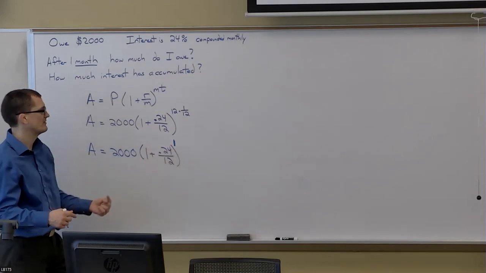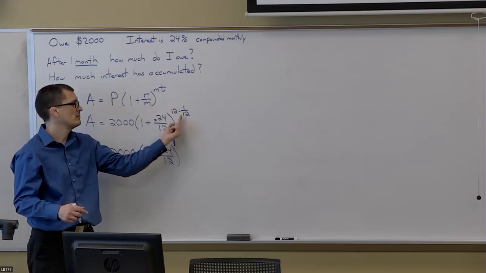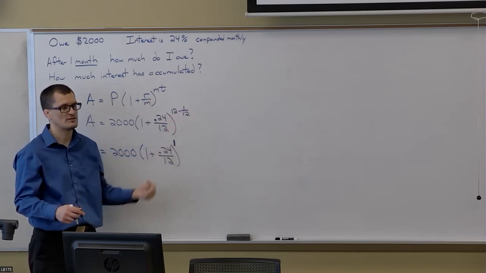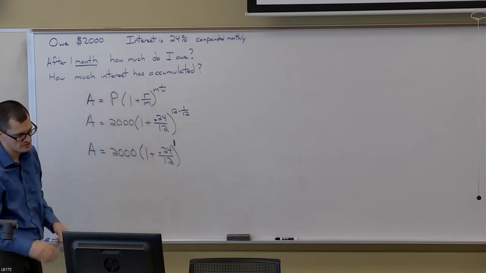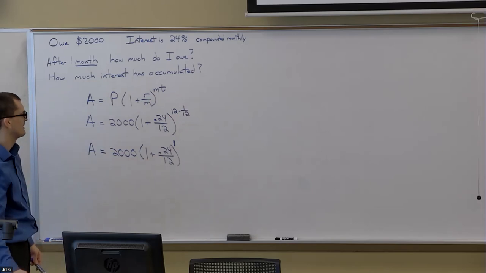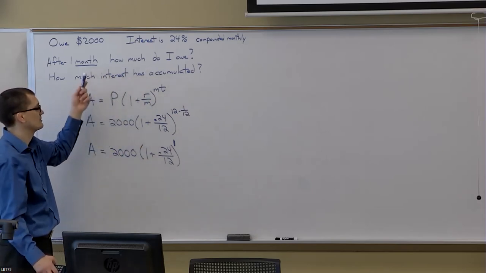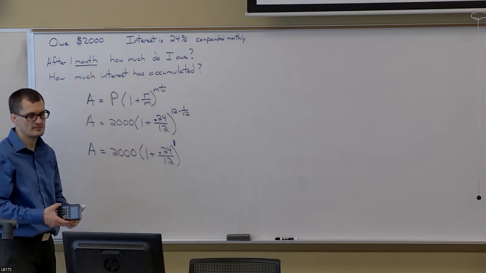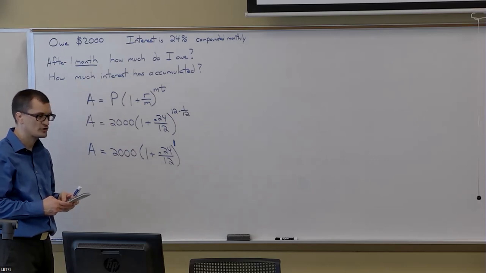You could also think of this as, yeah, n is 12 because it's monthly, but a month is 1/12 of a year. If you're okay dealing with fractions. I tend to think of it this way. Compounding monthly for just a month, that's one compounding period. So we take the 2,000 and then multiply by 1 plus 0.24 over 12 to the first power.